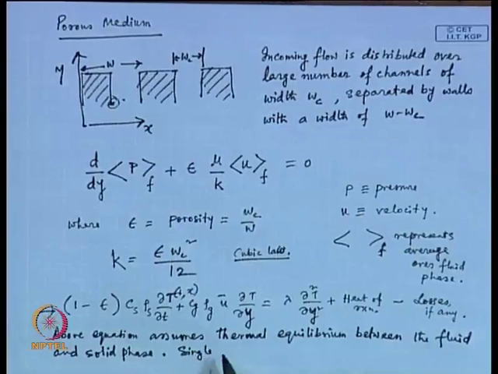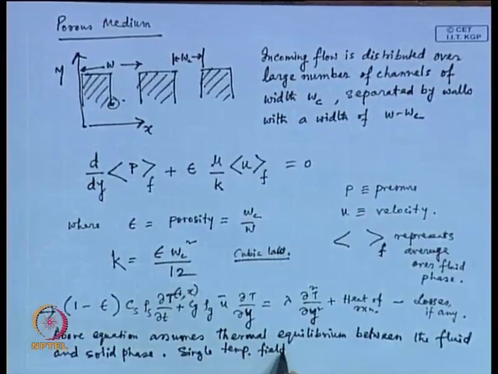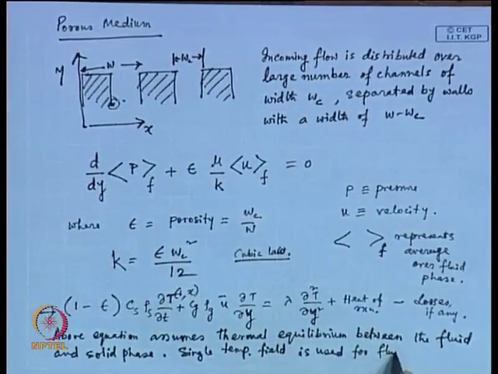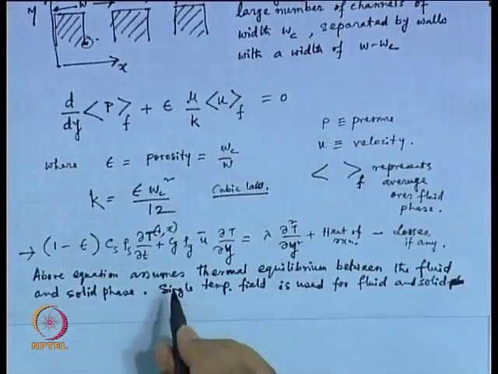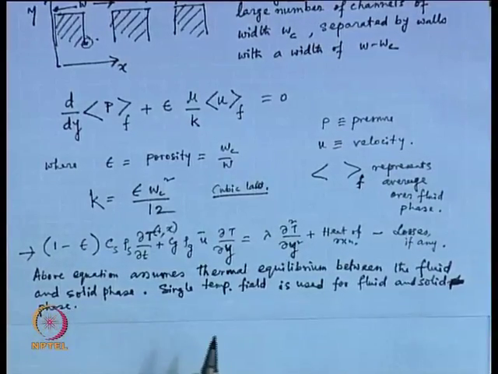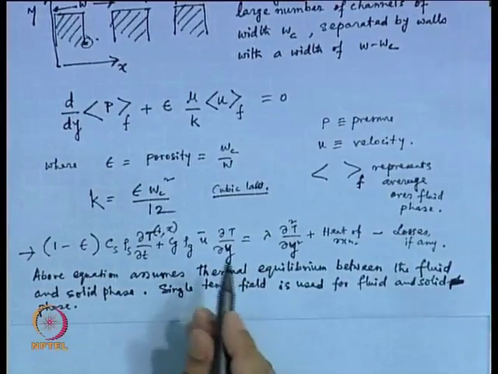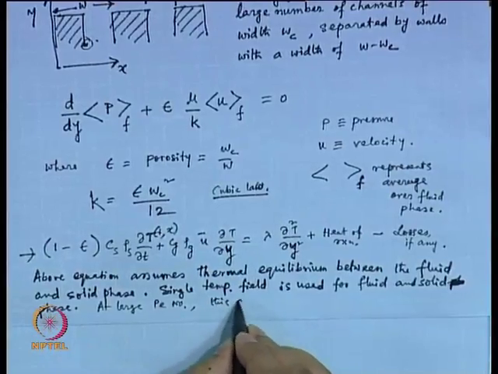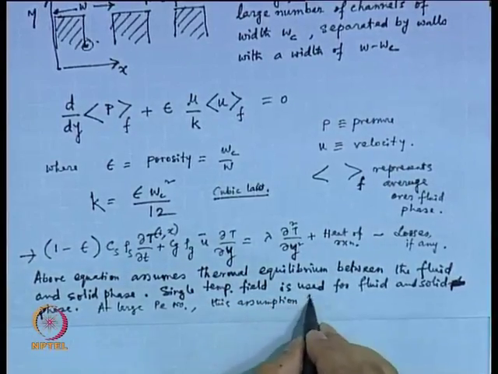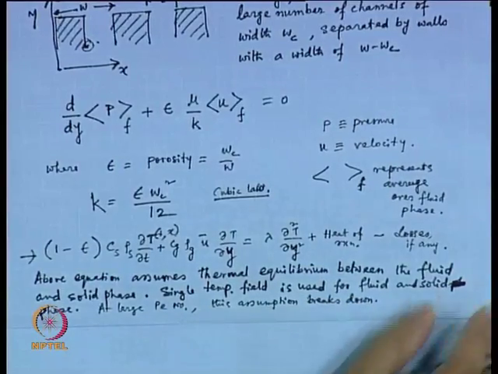A single temperature field is used for fluid and solid phase. You remember the velocity field, velocity depends on position and time. Similarly, a single temperature field is used for the fluid and solid phase. This assumption is known to break down at high Peclet number, at large Peclet number. This assumption breaks down. All right.